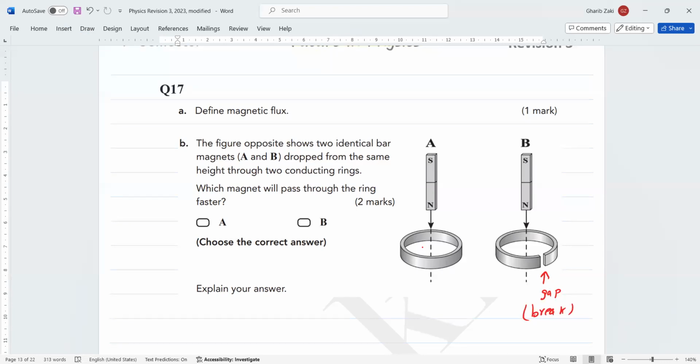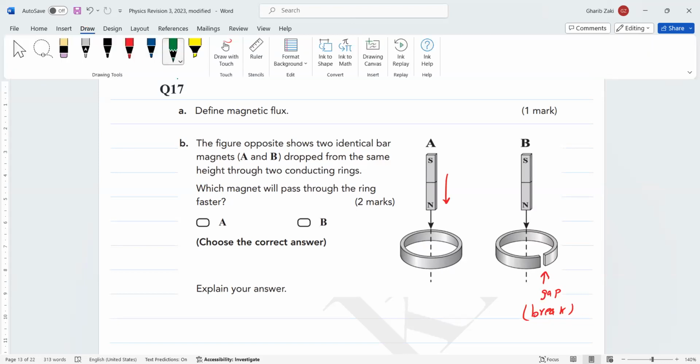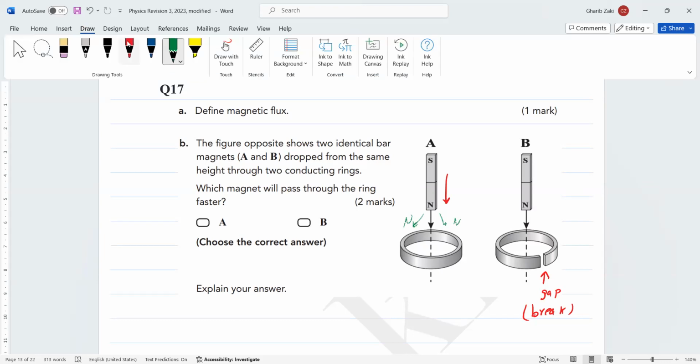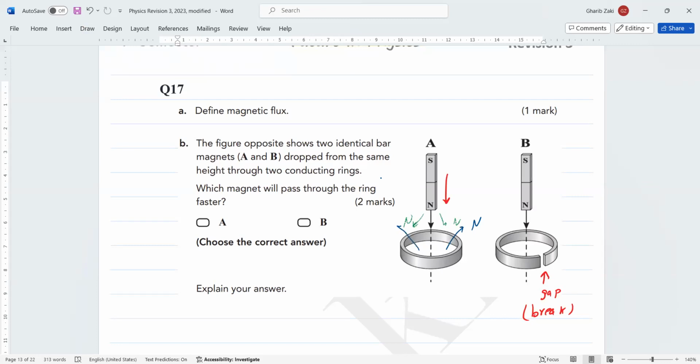Now let us analyze. When the first magnet drops, here we have north, so this is north. Then according to Lenz's law, in ring A we have north, north, then we have a current in ring A. So this is the current. Then it will repel magnet A. Now, what happened to magnet B?